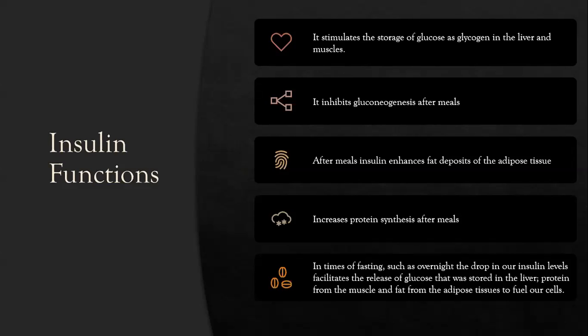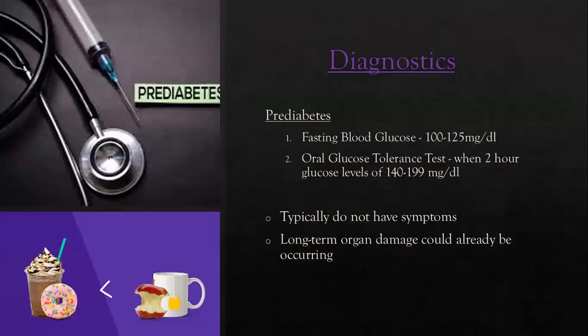And during times of fasting, like overnight when you're sleeping, it helps release glucose that was stored in your liver and protein, and then it can reuse it for fuel in our cells. So that's some of the insulin functions. So now to go into diagnostics, I'm not going by the book order.